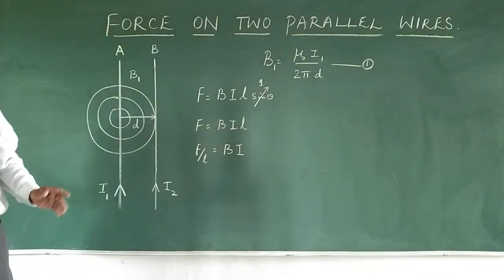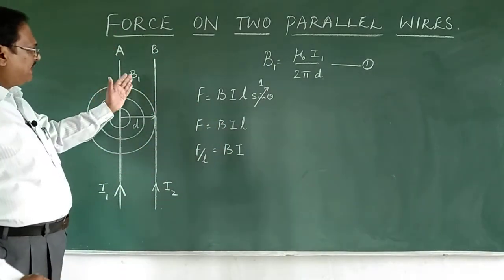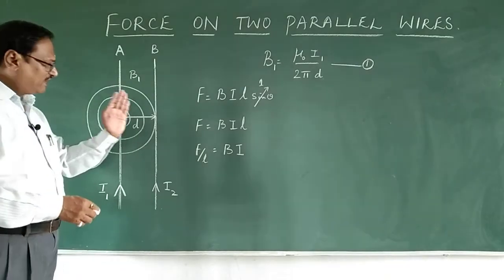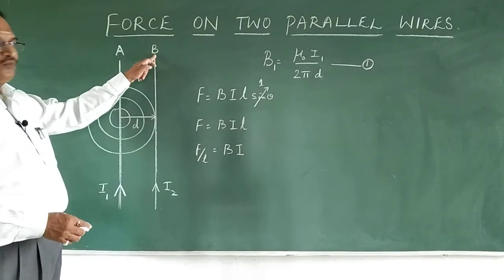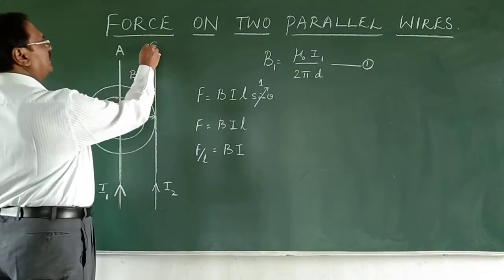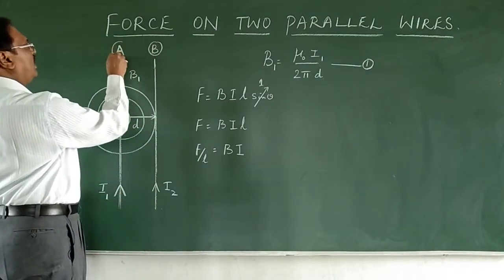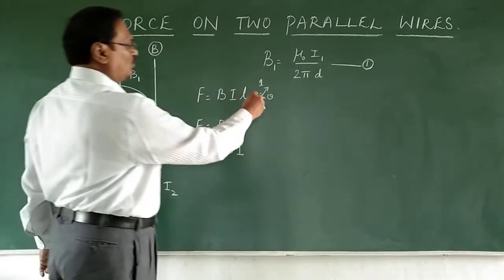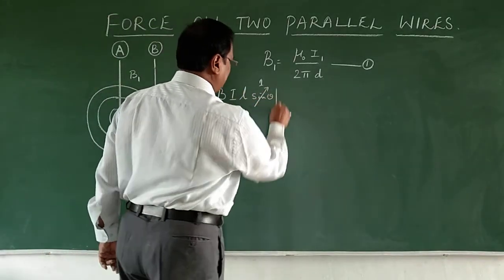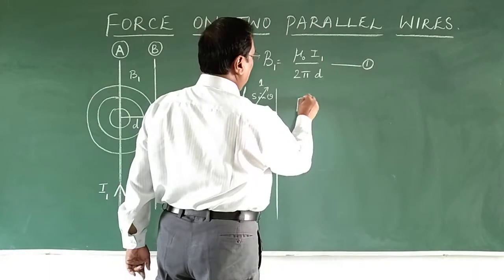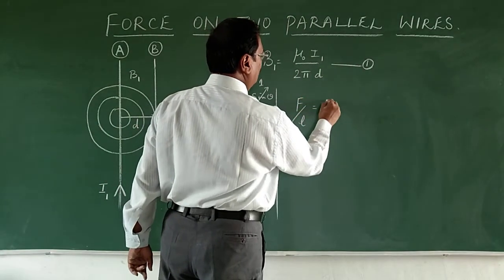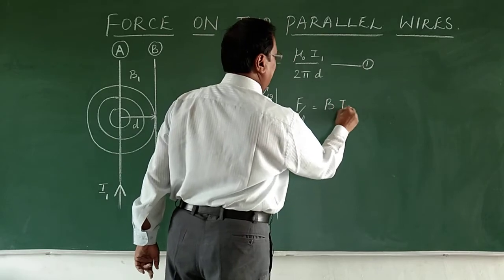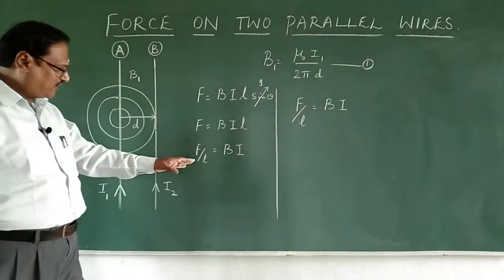Now current is flowing through, magnetic field is produced. Now what is the force exerted on the second wire, the B wire? This is the second wire. On this wire we are going to calculate. So let me put a mark here. F upon L is equal to B into I. Now watch carefully.